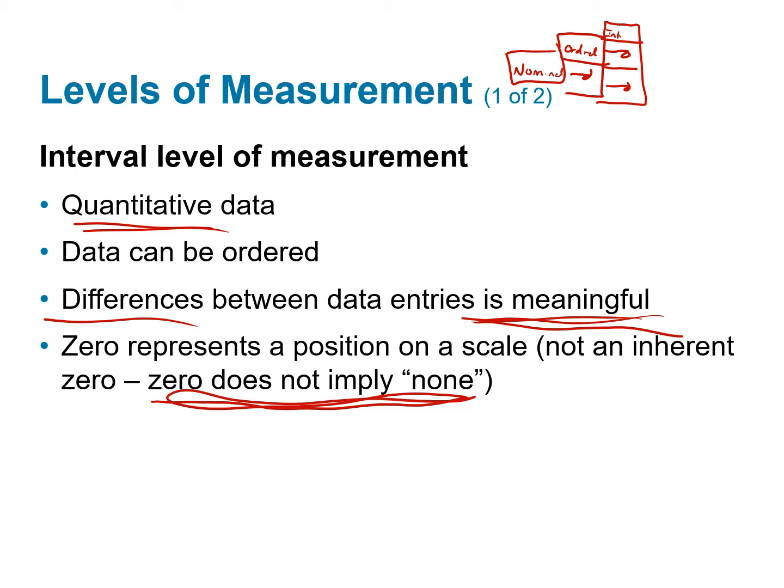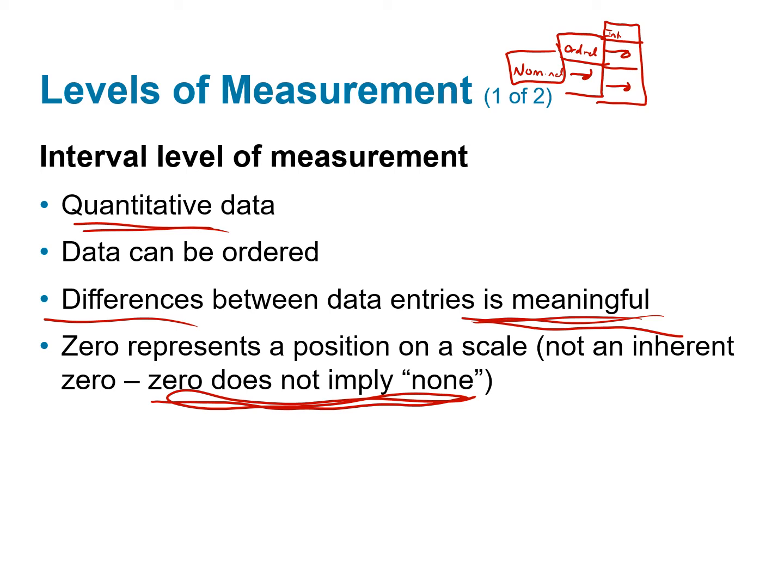So, for example, if I'm talking about the temperature in Pinehurst on any given day, measured in degrees Fahrenheit, then we know it could be 0 degrees Fahrenheit outside, right? It doesn't happen often in Pinehurst, but it can happen.